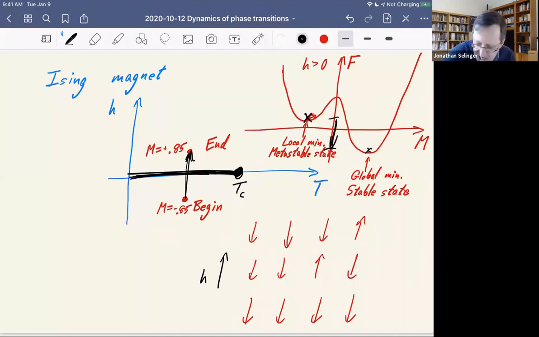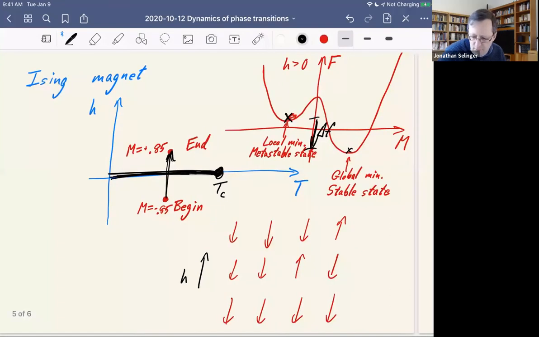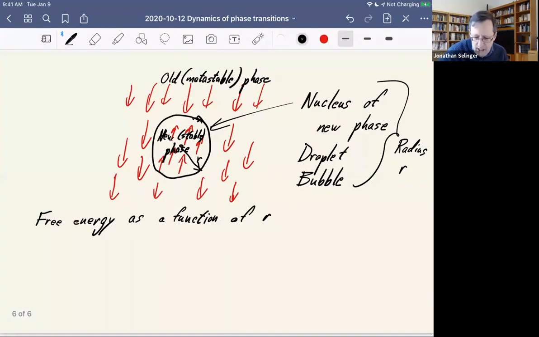Let's call that delta F, okay? So a certain amount of the system has gotten converted from a higher free energy density to a lower free energy density. Okay, so that makes a certain change.